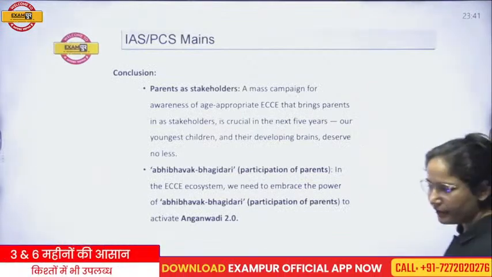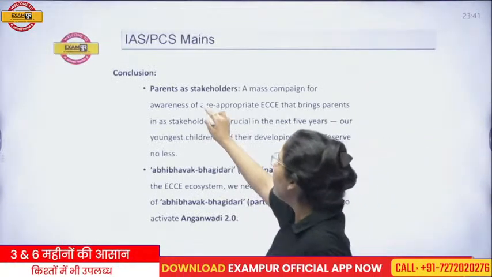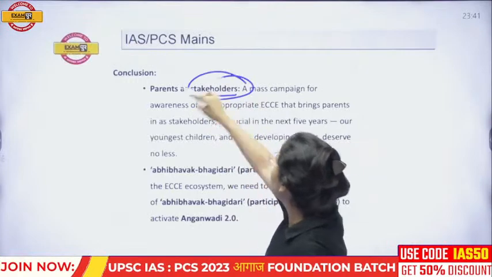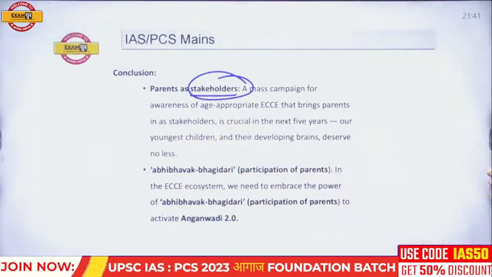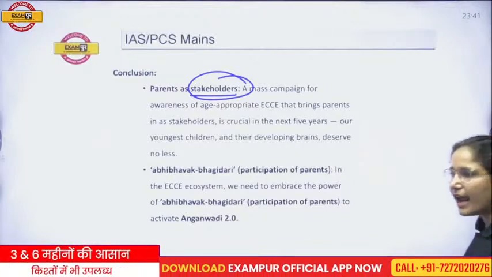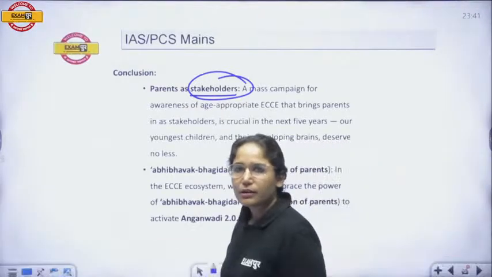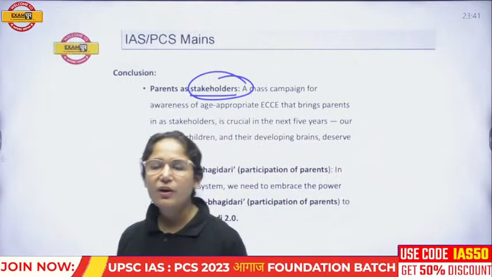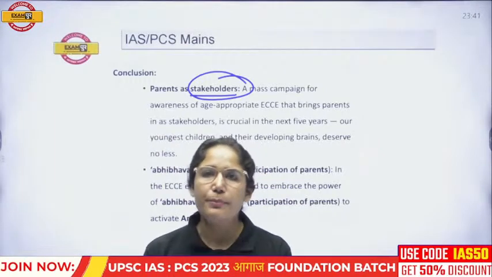Conclusion. What can we say about the conclusion parameter? Parents as stakeholders. A mass campaign for awareness, which is required for every program. Obviously, what is the lagging of every program?